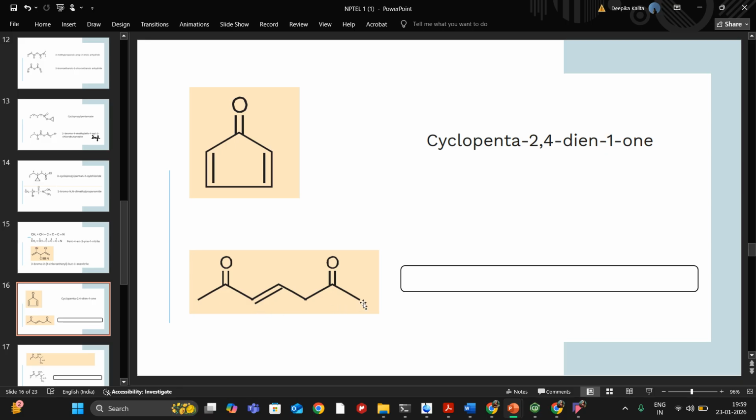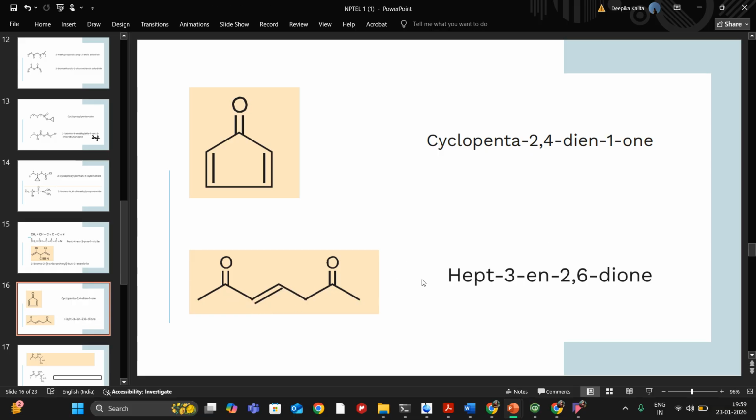And if we start from here, it will be 1, 2, 3, 4. So third position will be preferred over the fourth position, and the name will be hept-3-ene-2,6-dione. The positions of the ketones are also mentioned, which will be at the second and sixth position. Okay, and the parent carbon chain will be having 7 carbon atoms.